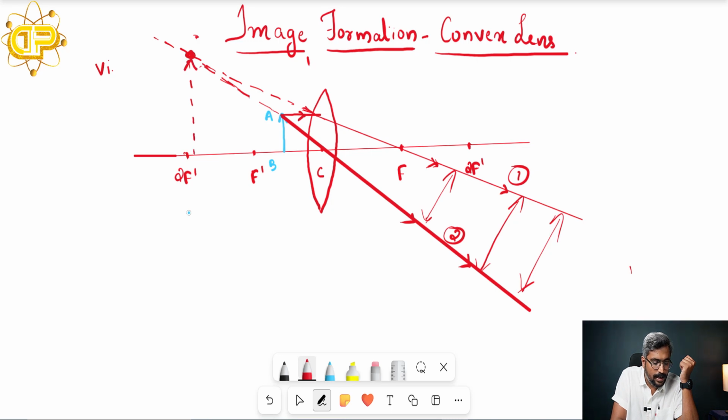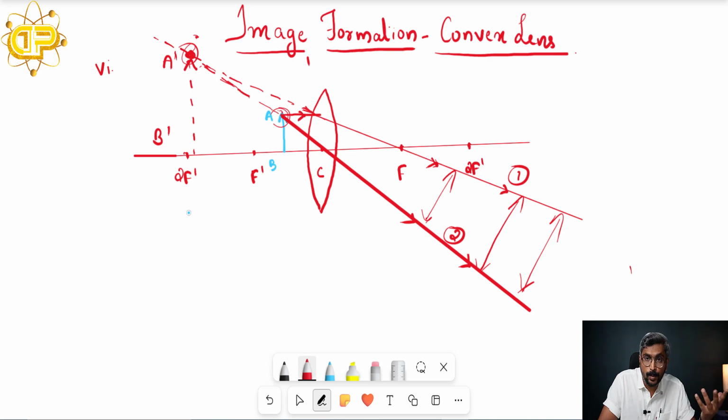Okay, and let this be A dash and let this be B dash. Why? Because this particular point is coming from this particular A, and we call it A dash, and this one will be B dash. So they are not meeting in real. The only case in the convex lens where you will find the virtual case, that is the image.